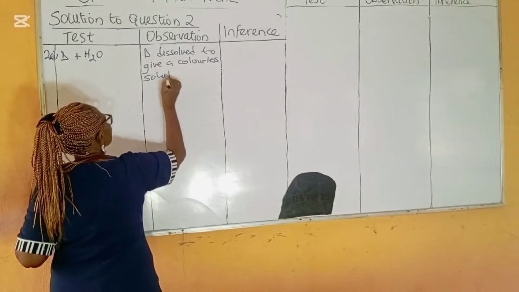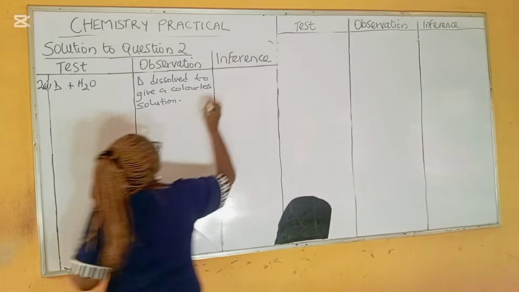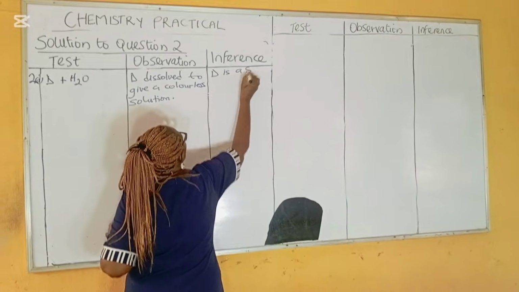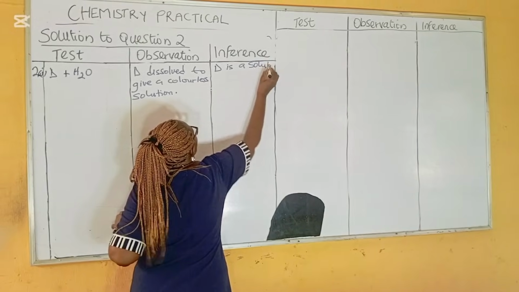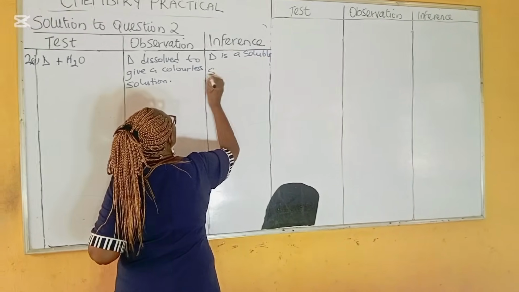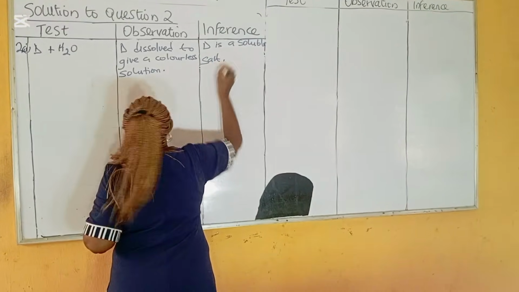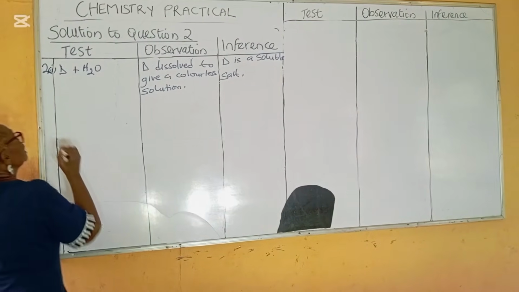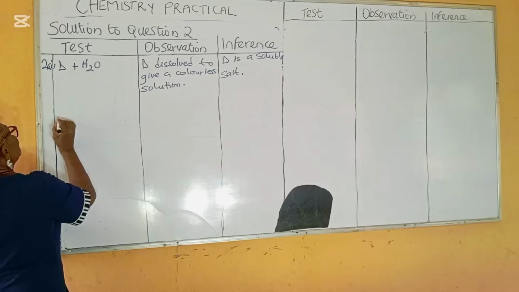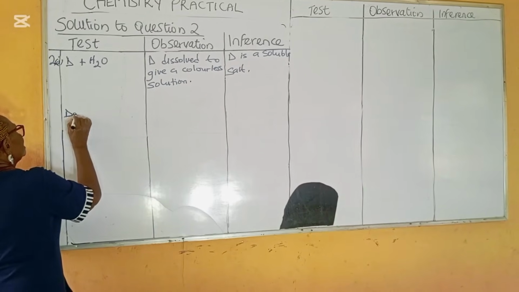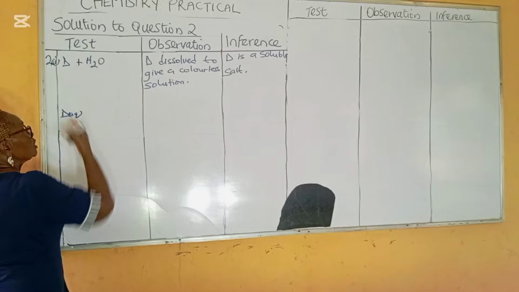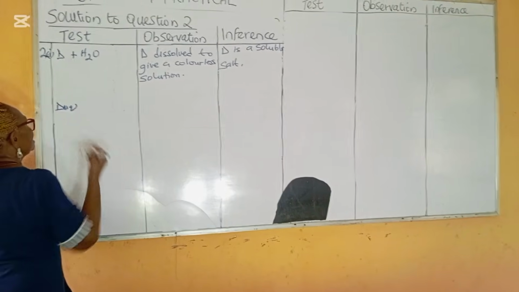Very important. D is a soluble salt. We are not done with D. You should test the solution with litmus paper. And now say D aqueous. Because if you don't put aqueous, that means we are testing with a solid D.